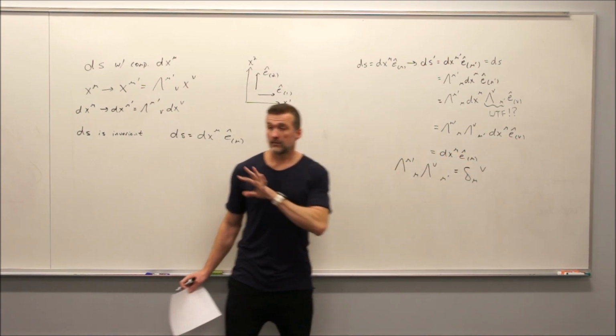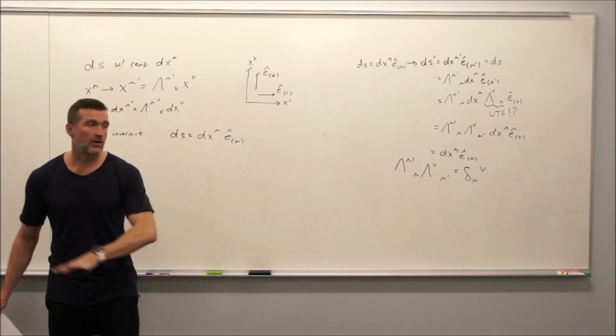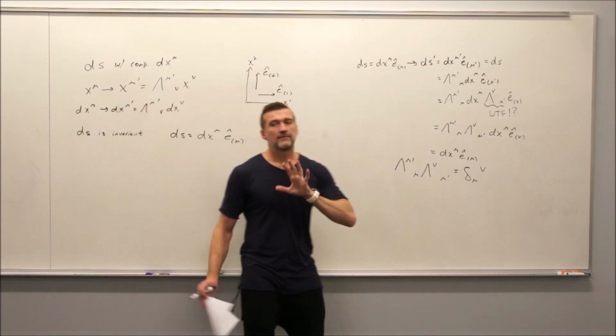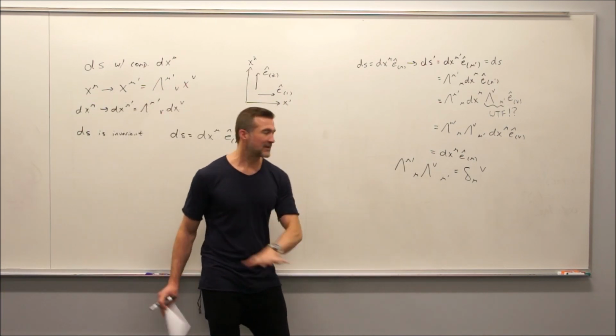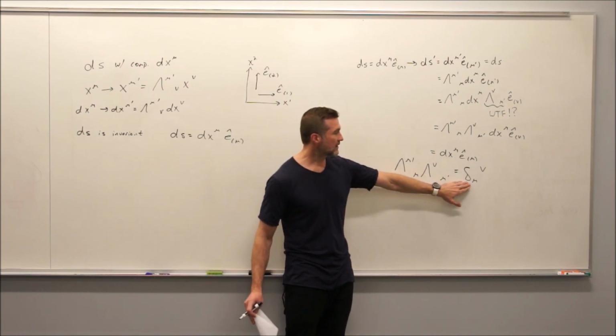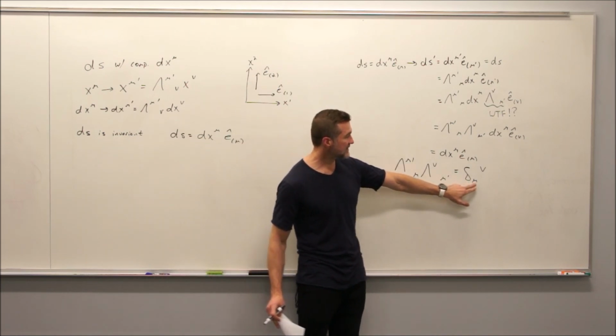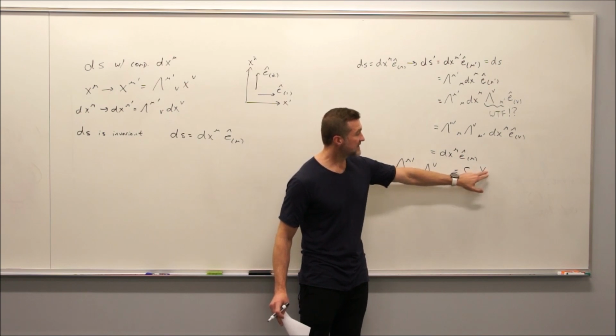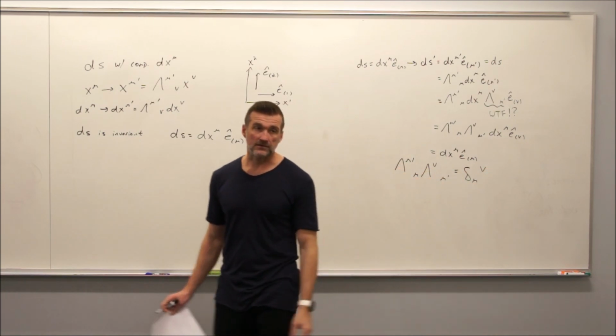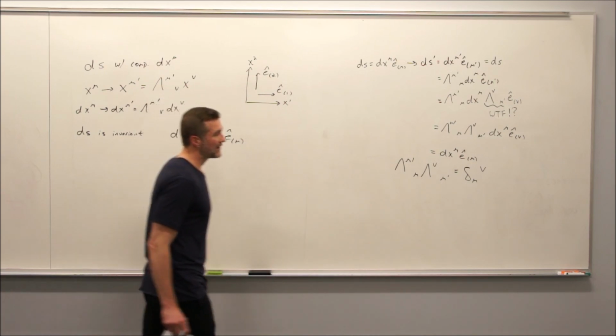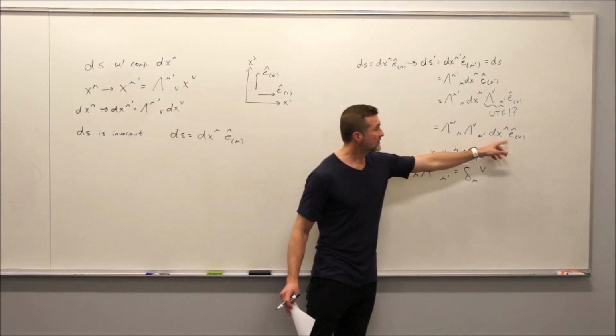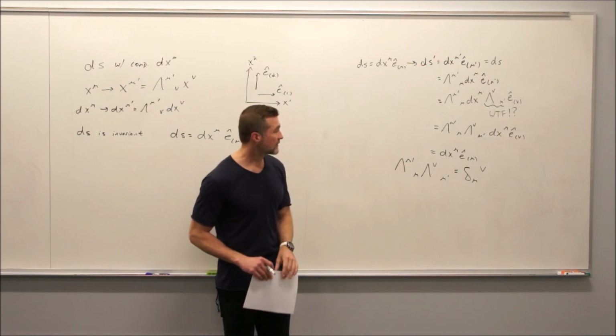I hope most of you know that the Kronecker delta function is just an object which is 1 when these two things take the same value, and 0 when they take different values. So this is a way of forcing the value of mu to be equal to nu somewhere else in the expression.